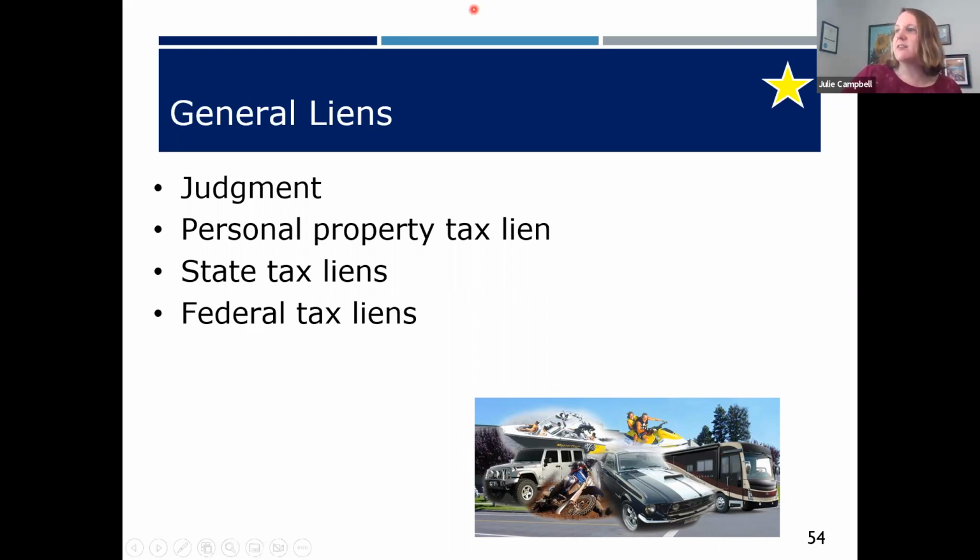Personal property taxes: if you own personal property and you fail to pay your personal property taxes, they could put a lien on you. We talk about personal property referring to all the toys, the car, the boat, the RV, the ski jets, the motorcycle.